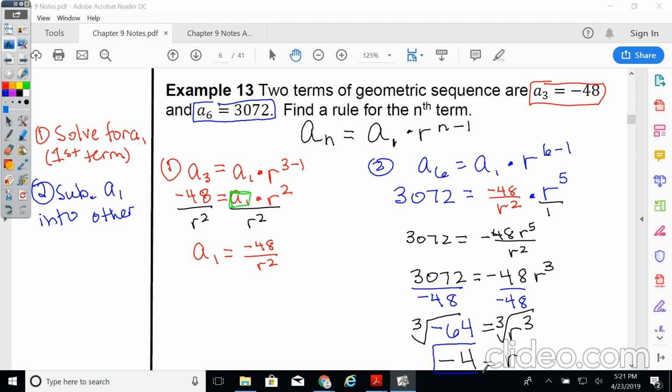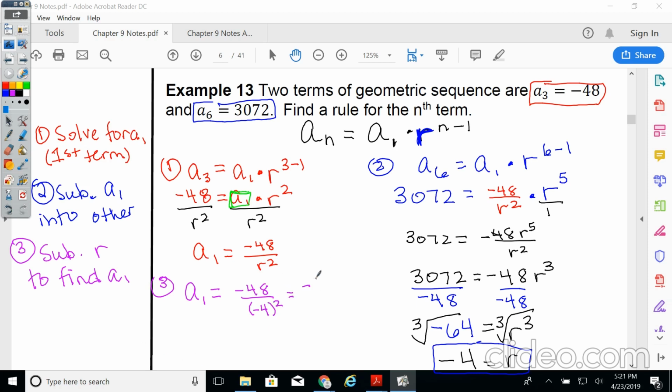So now we found one of these values in the sequence, and we have to go find the other one. Step 3 is to take that number and plug it into the one we got from step 1 to find a1. So substitute r to find a1. a1 equals negative 48 over negative 4 squared.